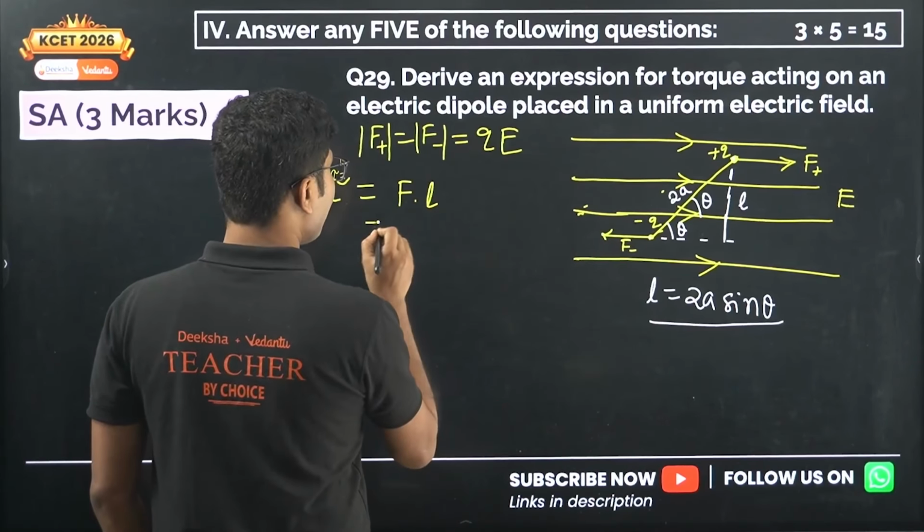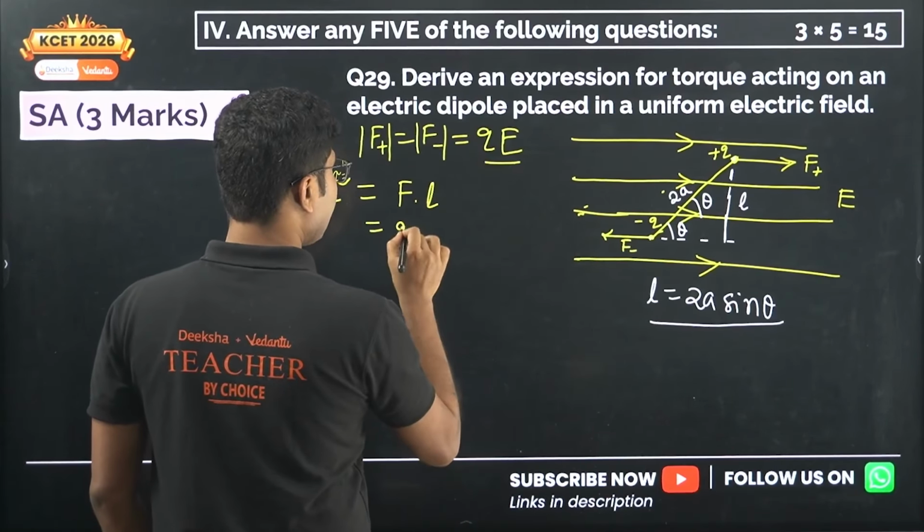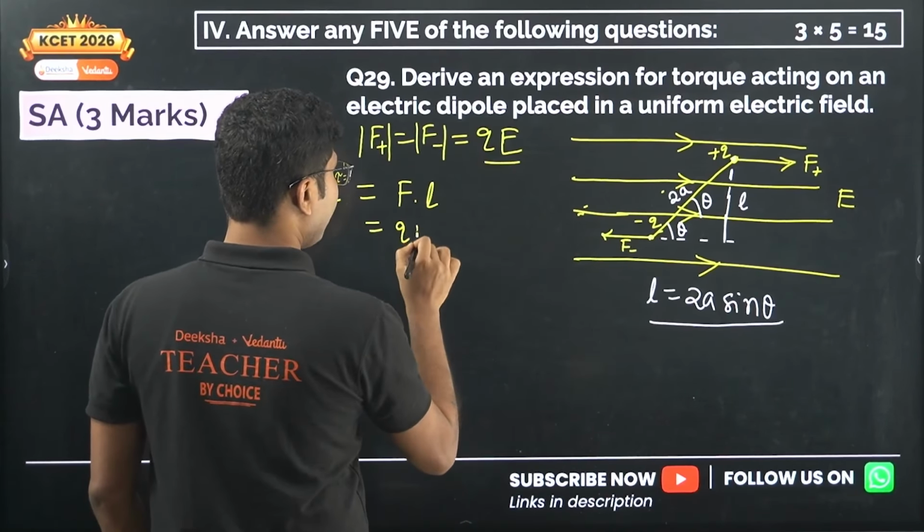So what is the force? Force is Q into E. What is L? L is 2a sine theta. So torque is Q into 2a into E sine theta. So what is Q into 2a? For a dipole, Q into 2a is called the dipole moment. So this becomes pE sine theta.